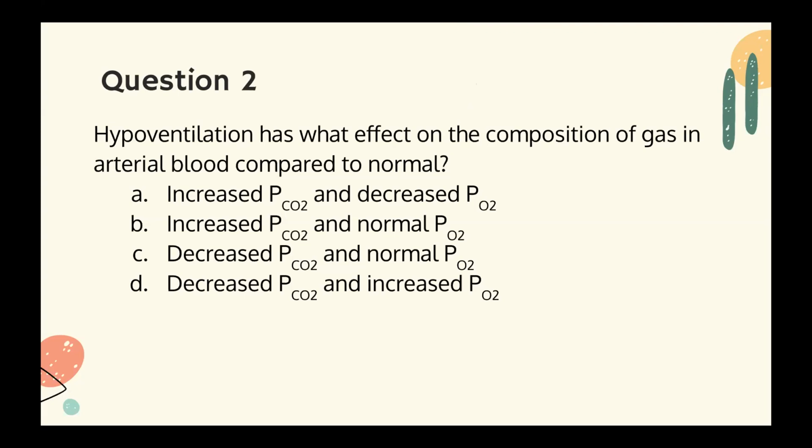I thought that hypoventilation is the opposite of hyperventilation, so that's how I thought of it. Yeah, so hypoventilation means a decrease in respiratory rate, meaning that less oxygen is inhaled and less CO2 is exhaled. So your blood would have lower PO2 and will have a higher PCO2. Hyperventilation is the opposite. So it would cause a decrease in PCO2 because more CO2 is released from the blood.